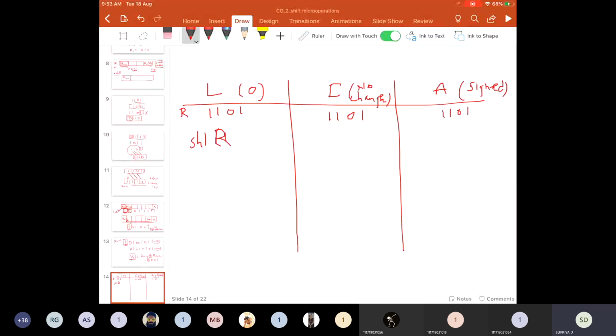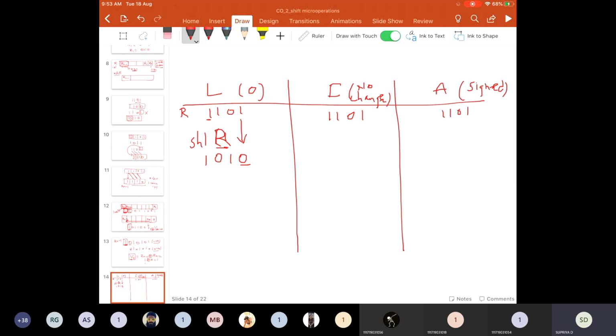Starting from the least significant bit, it will be inserted with 0 and the bit positions are moved left by one position. We will be inserting a serial 0 in the least significant bit and moving each bit in the given register left by one position, and the most significant bit will be discarded. This is the logical shift left operation represented by SHL.